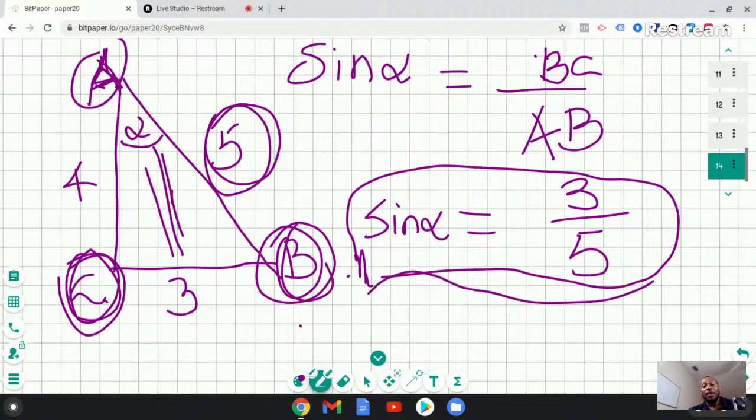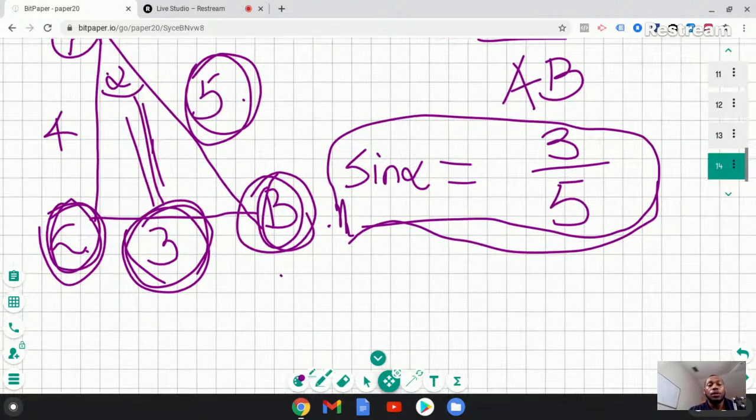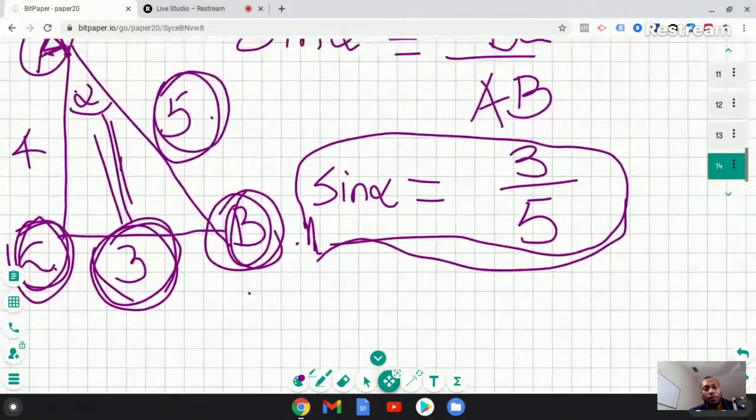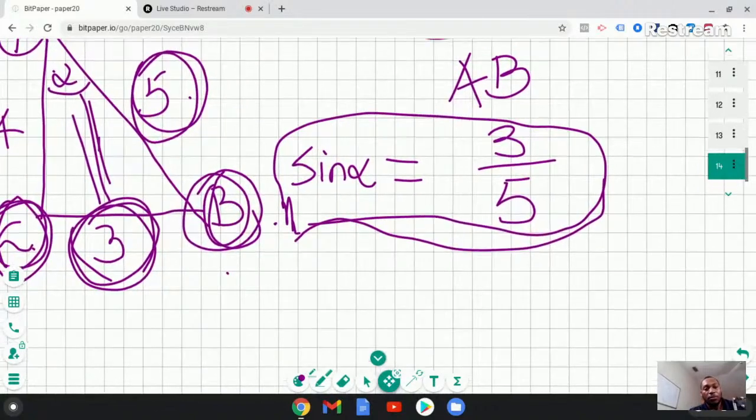So now we find this, and this is the easiest way to find this. Sine of this angle alpha is equal to the opposite side, which is 3, divided by the hypotenuse, which is 5. Now let's do cosine. I want to make sure I don't move the triangle.